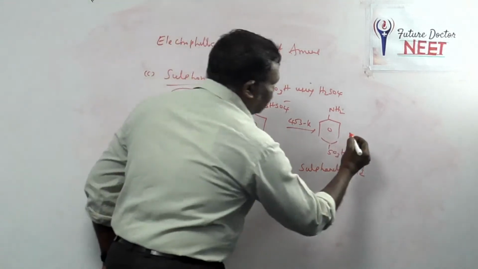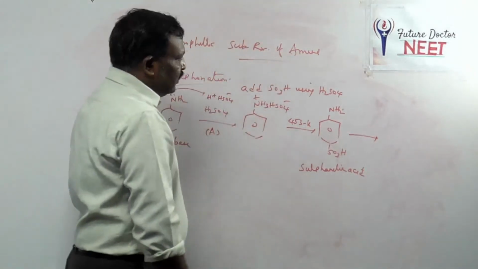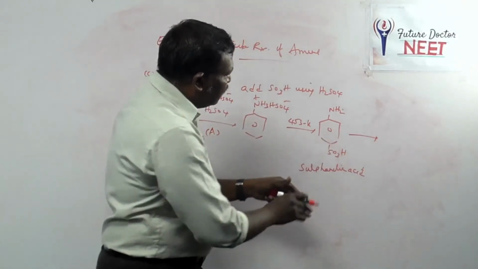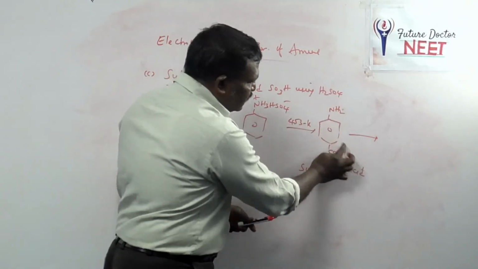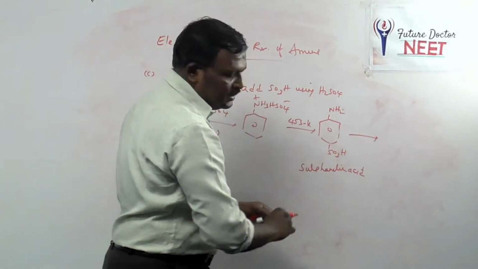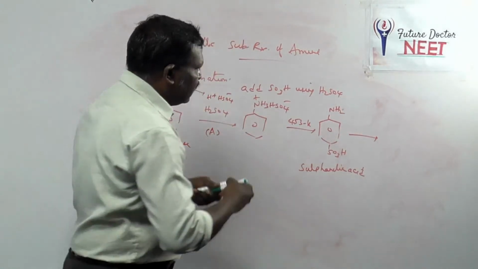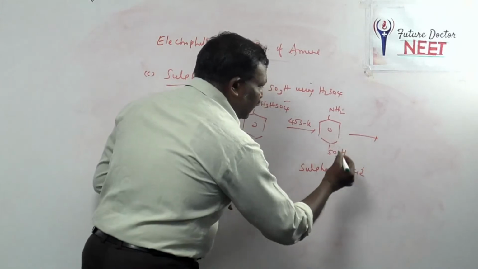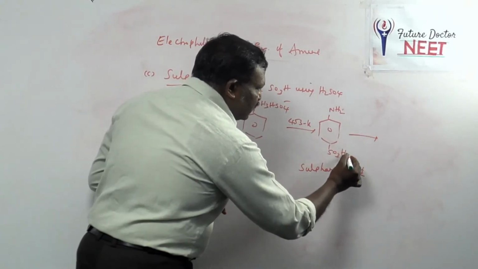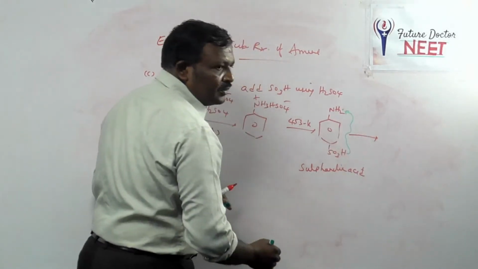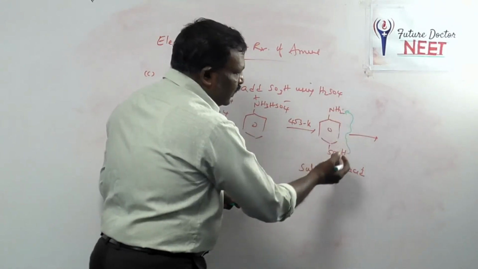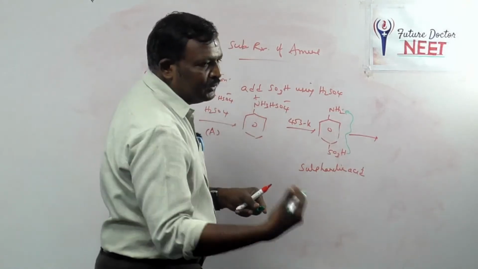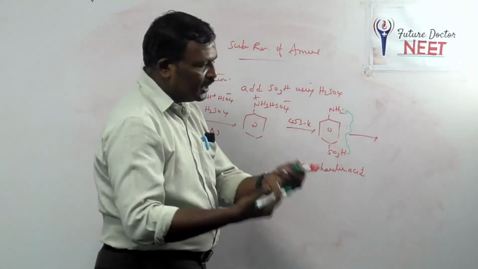Once again, in sulfanilic acid, this part is the basic part and this part is the acidic part. The acidic part gives an H plus ion, and the basic part accepts an H plus ion.